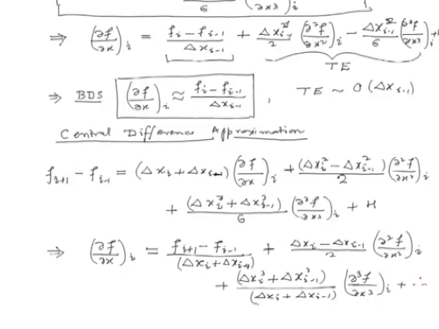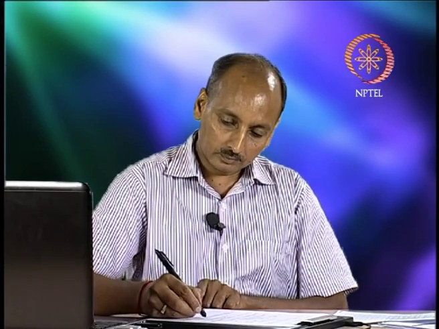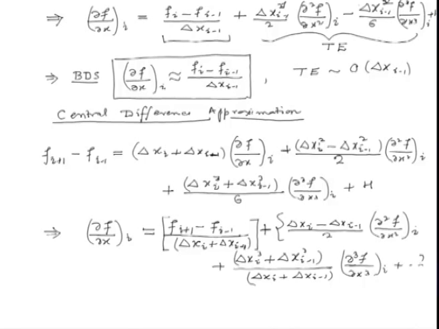So, now let us retain the first term on the right hand side as the approximation of our derivative. The remaining terms, the ones which we just put in curly braces, represent our truncation error.